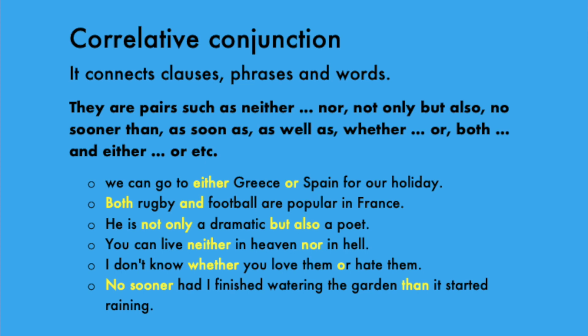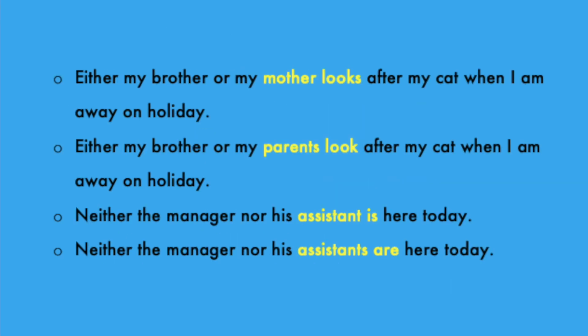When using either or neither, the verb agrees with the second subject, not the first. For example, either my brother or my mother looks after my cat when I am away on holiday. Here the singular verb "looks" is used because the second subject is mother, which is singular. See the next one.